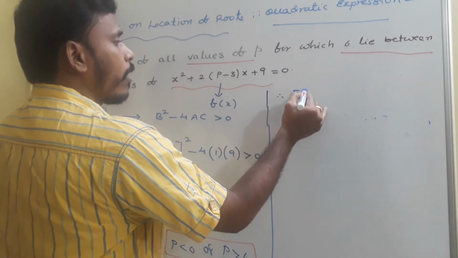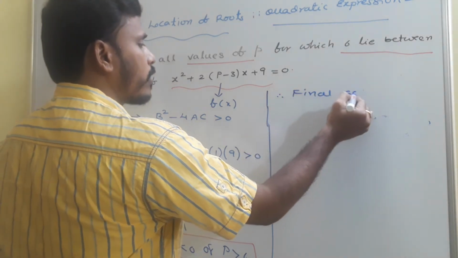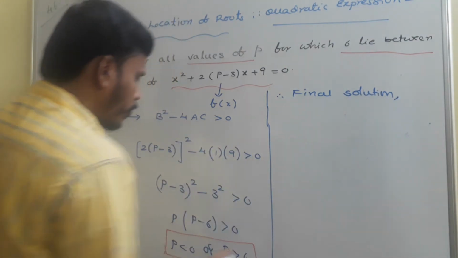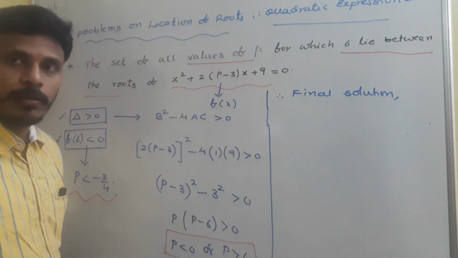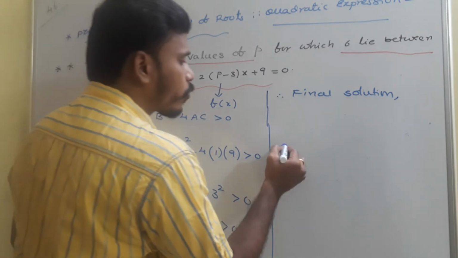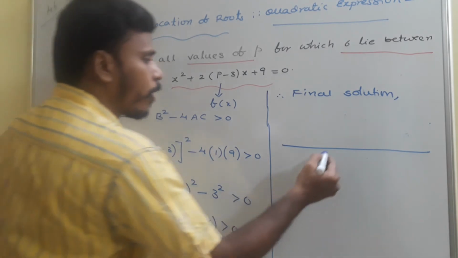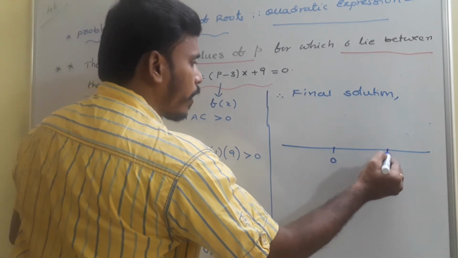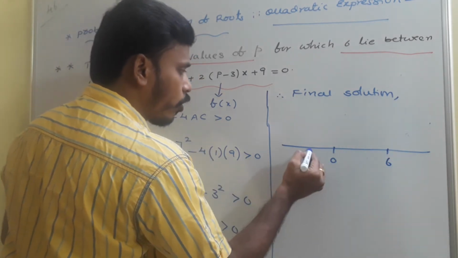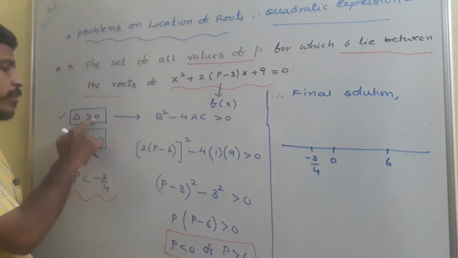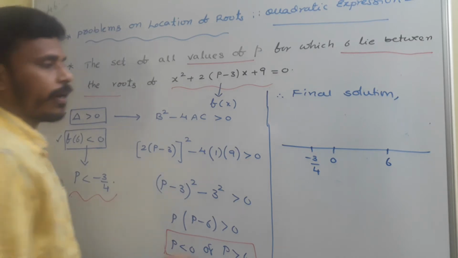Therefore, the final solution, in the sense finally the values of p. Since these two must happen, on the number line locate everything: 0, 6, minus 3 by 4. Somewhere here I have 0, and 6 is to the right side of 0 and minus 3 by 4 is to the left side of 0. In the first case, p less than 0, p greater than 6.